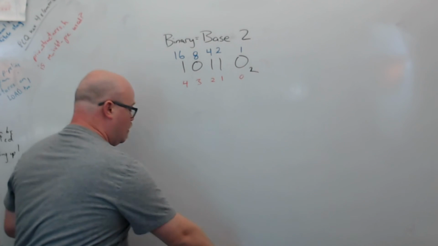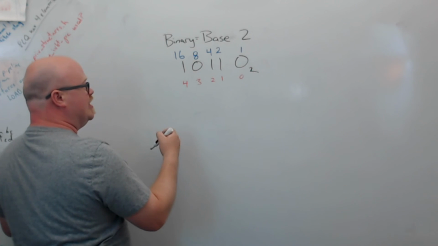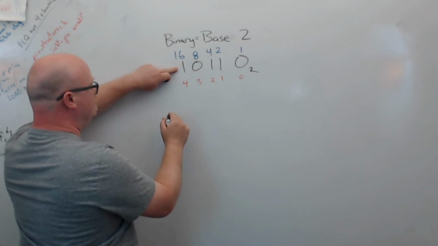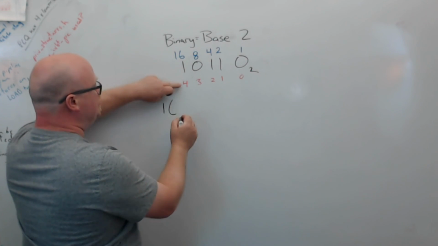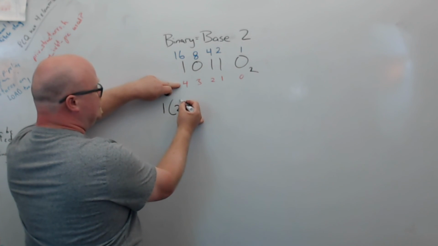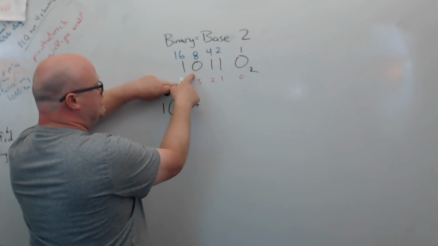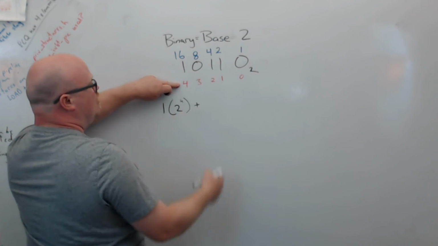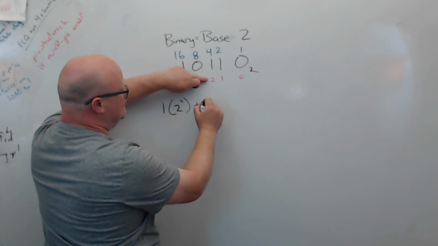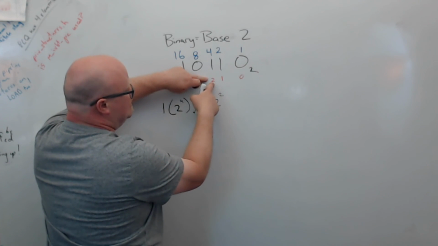All right, so the coefficient base exponent form for this particular binary number then is going to be a coefficient of 1 multiplied by the base, which is 2, raised to this position's exponent, so 2 to the 4th, plus a coefficient of 0 we'll skip. Here's a coefficient of 1 in position 2, so that's 1 times the base raised to the position number 2.